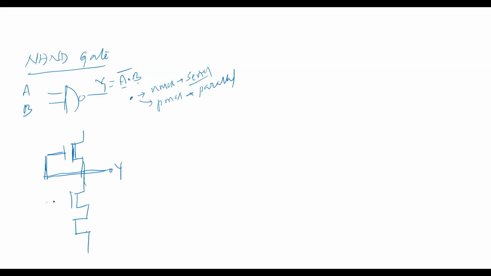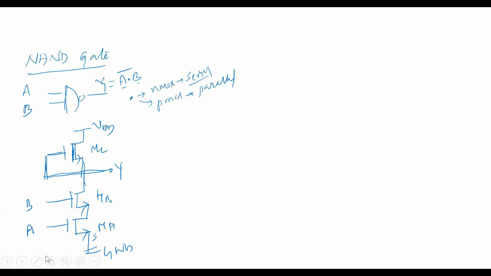So this is one enhancement MOS transistor, and this is one more. This input is A, this input is B. This is the VDD, and this is the ground. This is the source of MA, otherwise you can call this MB. This is the load, ML, so that you can give the notation.